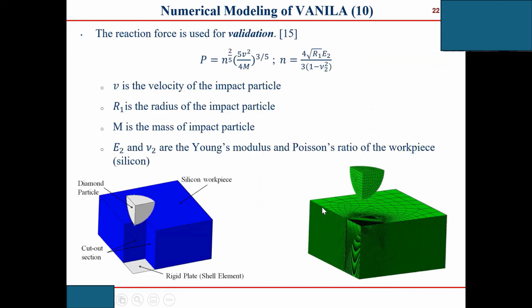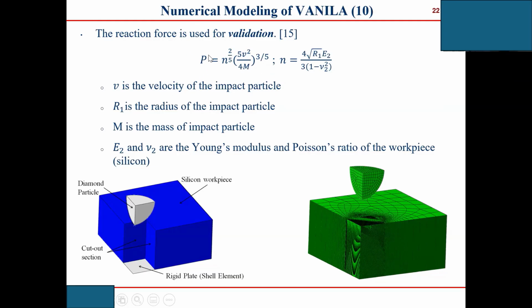So here, the reaction force, and I told you many times, whenever we do some experiment or numerical simulation, we must validate our numerical results, right? So in our research, the reaction force is used to validate our simulation. So this is the analytical reaction force.